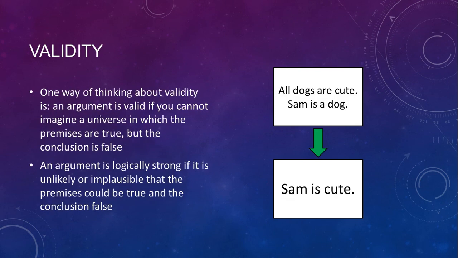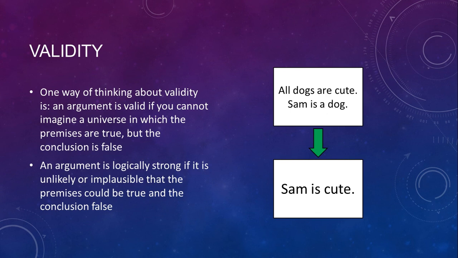One way of thinking about validity that might be helpful is imagining possible worlds. Imagine that there is an infinite collection of universes in which anything that is possible is true. This is actually how philosophers usually talk about this stuff, bizarrely enough. In a valid argument, there is no possible world in which the premise is true but the conclusion is false.